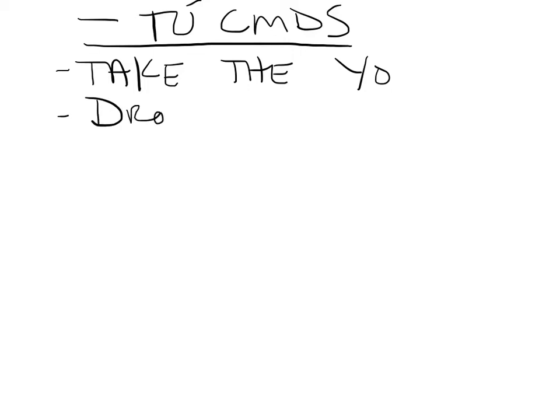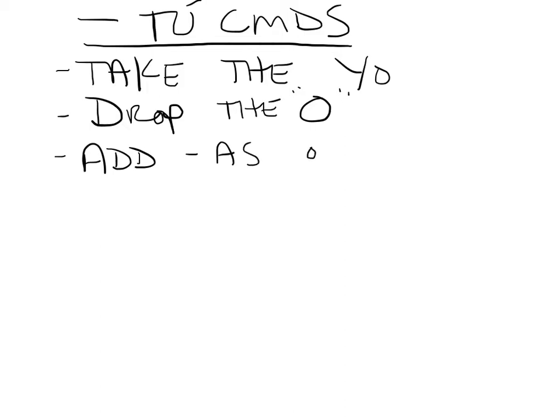Drop the o. Add as or es. Okay? It's the opposite ending. So you're going to go to the yo, drop the o, add the opposite ending.